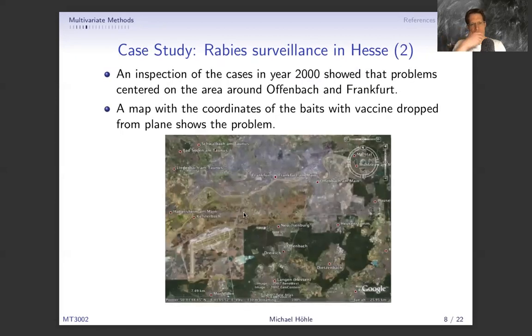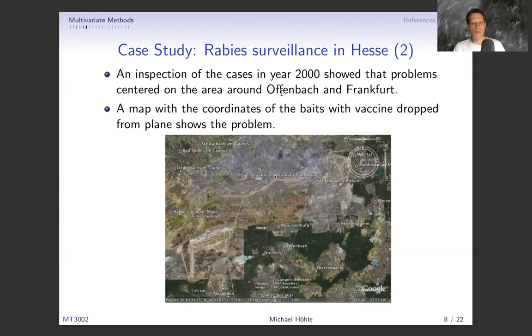And they started to look into why. Rabies is a long-standing problem in wild populations, in particular foxes. What had been done is that they tried to get rid of the rabies by vaccinating these foxes. Of course, you can't hunt down every individual fox.